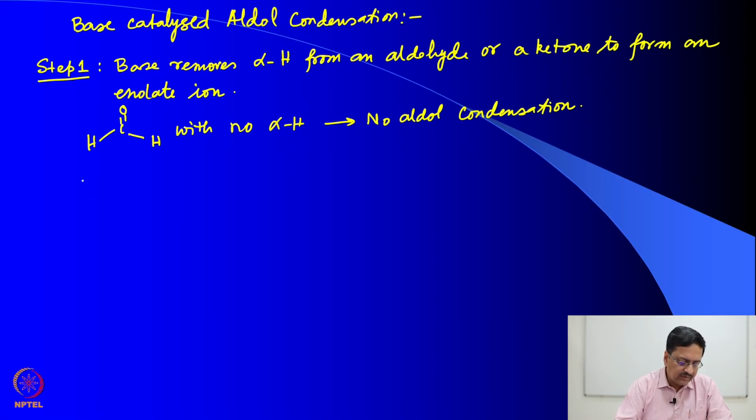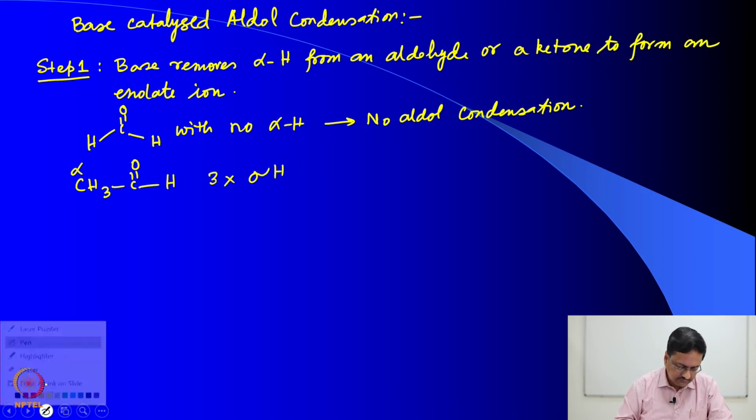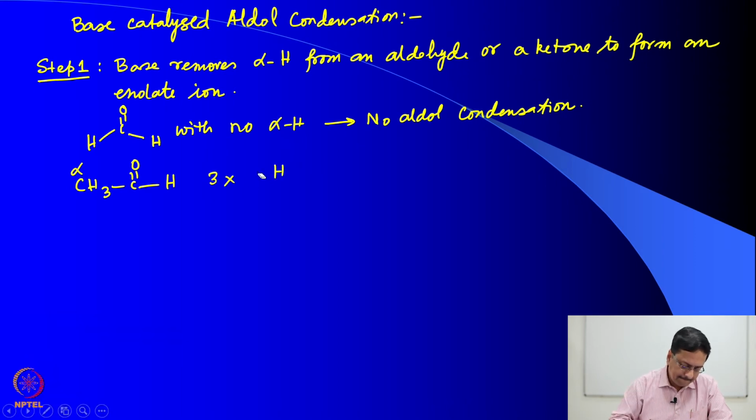The minimum requirement is CH3CHO, that is acetaldehyde, which has the alpha carbon and contains 3 alpha hydrogen atoms. So, the first step involves the removal of this alpha hydrogen.